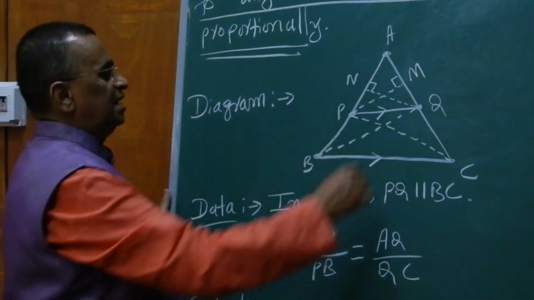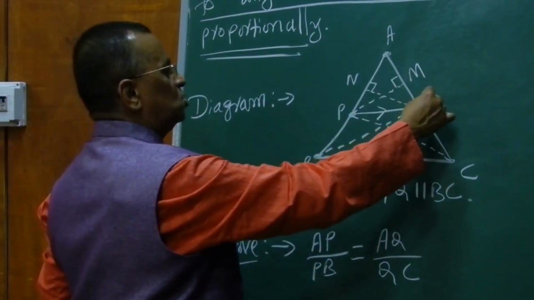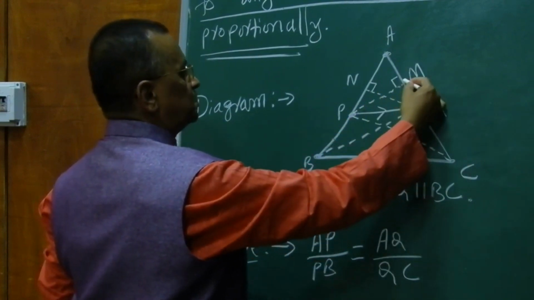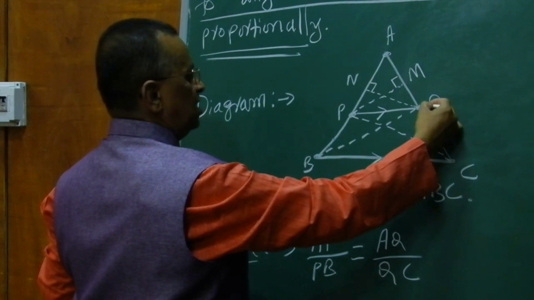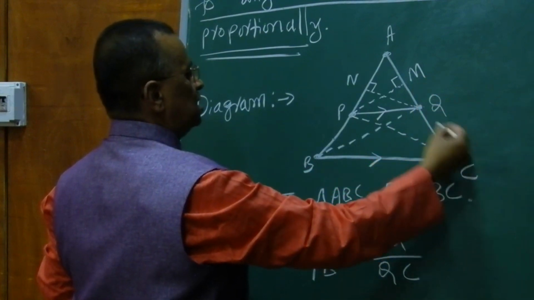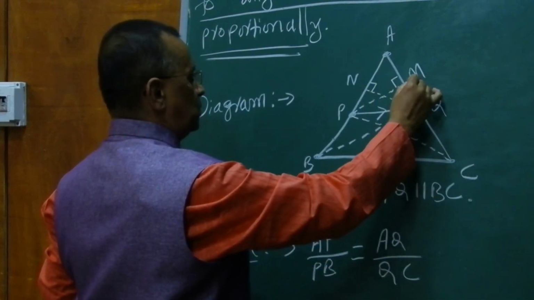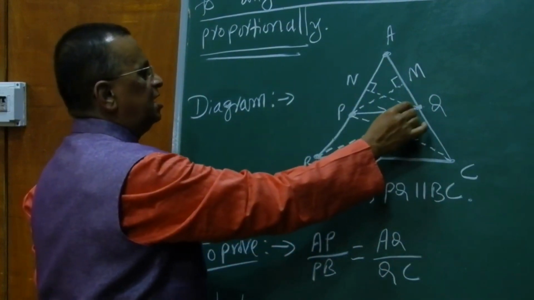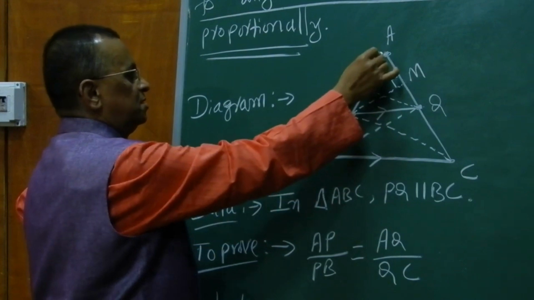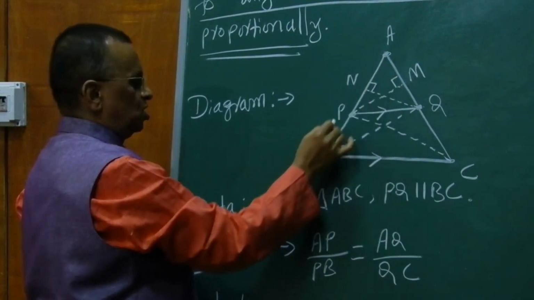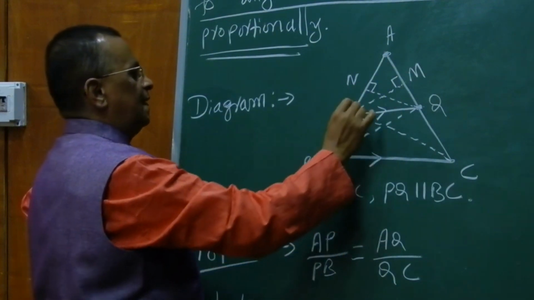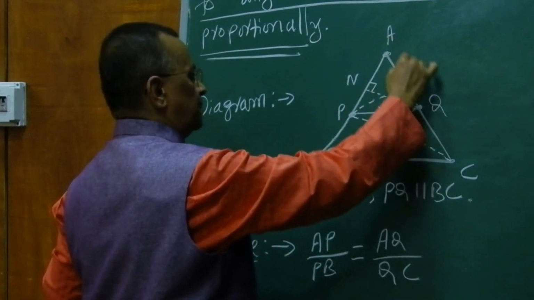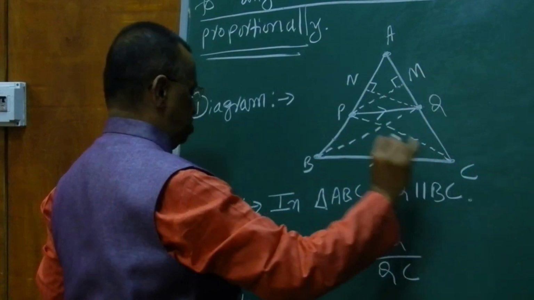Similarly, if I take the area of triangle APQ with AQ as a base, the height becomes PM, and if we take QC as a base, the height is the same PM. For that reason, we have taken height QN drawn perpendicular to AB and another height PM drawn perpendicular to AC.